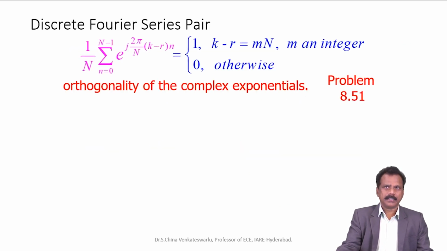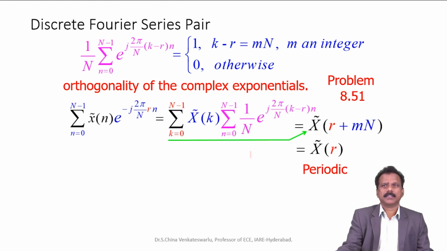Now the discrete pair is obtained using this: for k minus r equal to m into N, m an integer, the sum is 1, or 0 otherwise, by the orthogonality of the complex exponential.